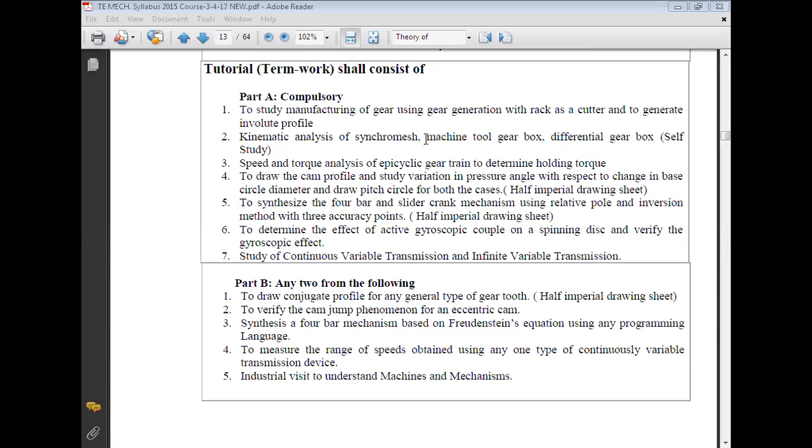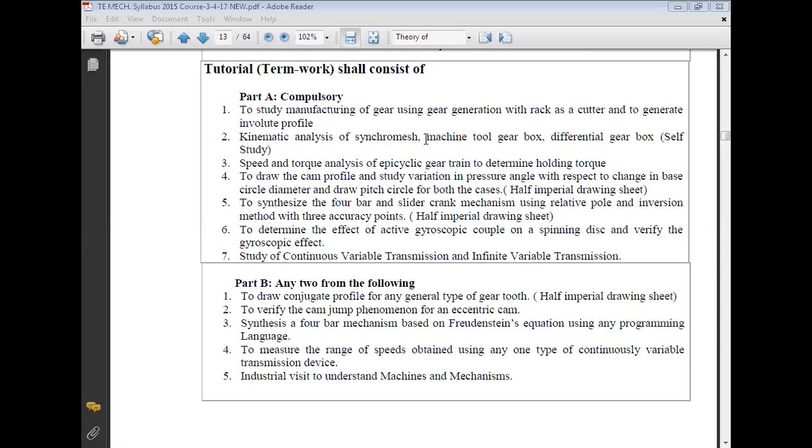Okay. So 7 compulsory assignments or experiments from part A and 2 assignments from part B, which will comply for 9 experiments, 9 assignments for this particular theory of machine 2 term work.